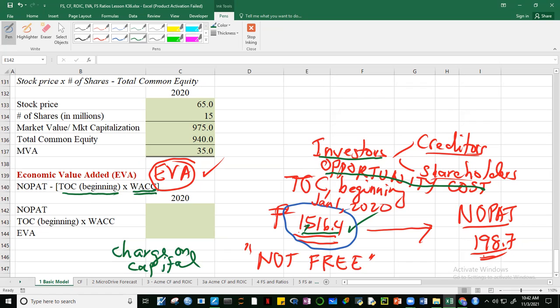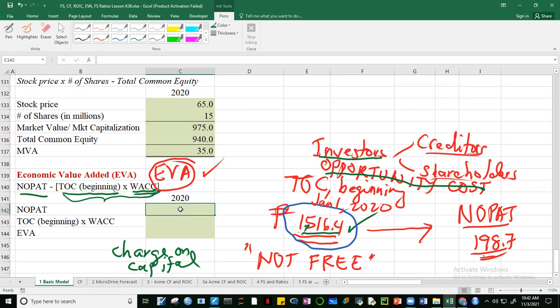This TOC beginning, 1516.4, we're going to charge management for the use of that with WACC and try to see if the NOPAT is sufficient to create value by comparing it with the charge to the capital. This amount is called the charge on the capital or charge to the capital. So let's compute for that.